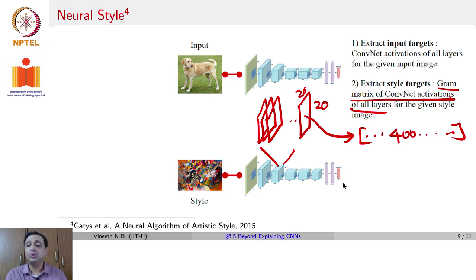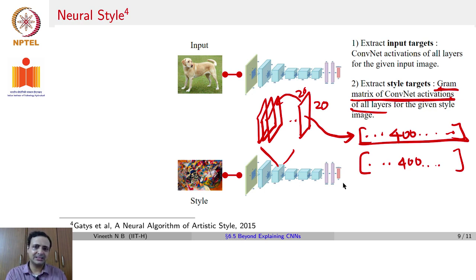And now you take the covariance of this 400 dimensional vector with another channel or another feature map in that volume, and you would now get one such value of the covariance of one channel with the next channel. Similarly, you compute the covariance of every channel with every other channel and you would get a gram matrix of ConvNet activations of all layers.